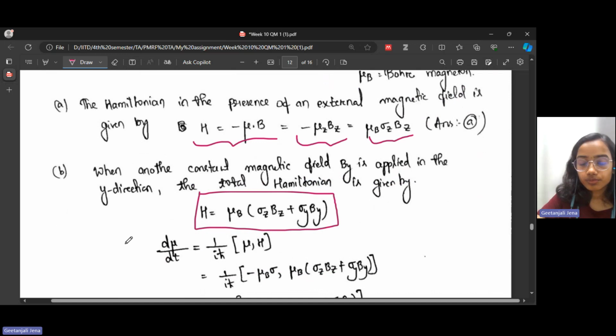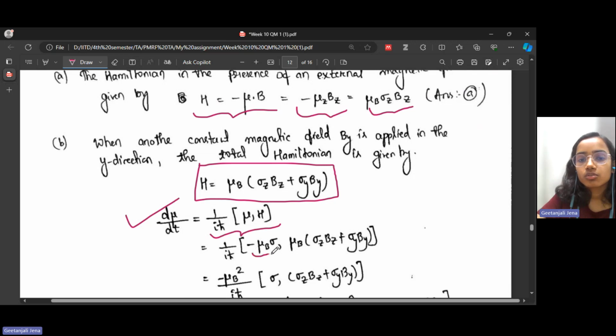In the Heisenberg picture, the time rate of change of any operator is given by 1 by i h bar times the commutator of mu with H. Mu you already know is minus mu B sigma, and H is mu B times sigma z Bz plus sigma y By.